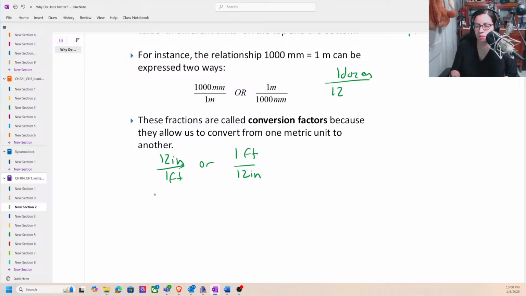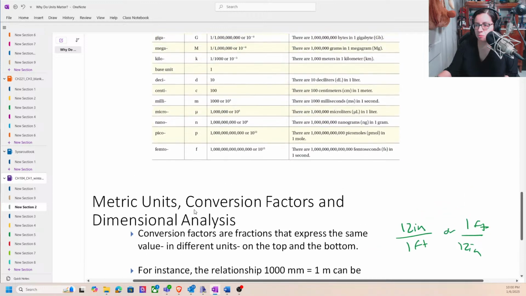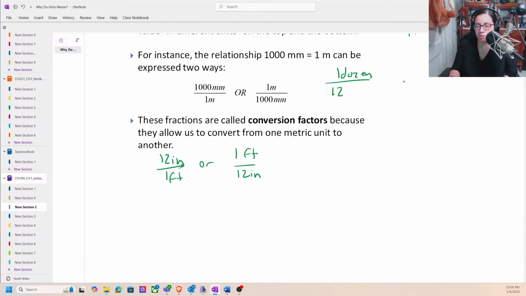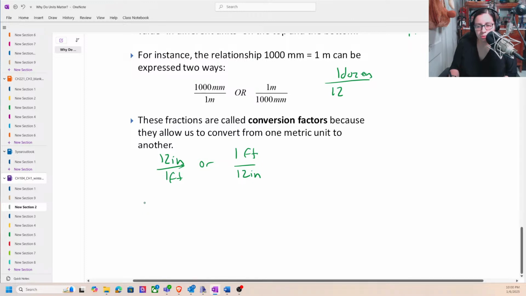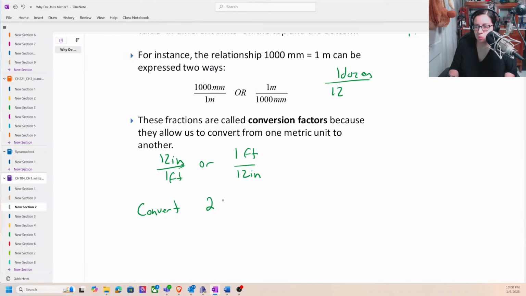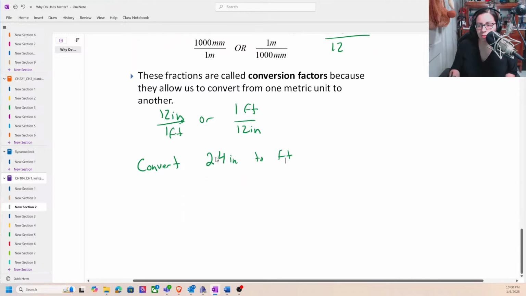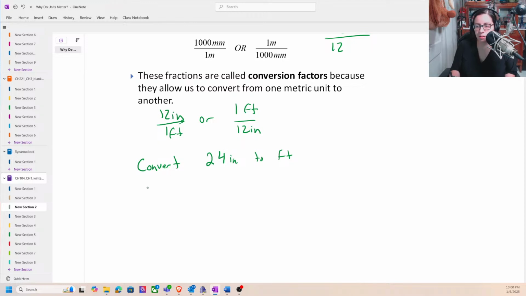We'll do one little practice, and then we'll go back to our metric units and practice actually writing our conversion factors so we can convert. Let's do an easy problem for warm up, just as a proof of concept. Convert 24 inches to feet. You may already know the answer in your head, but let's set it up explicitly.